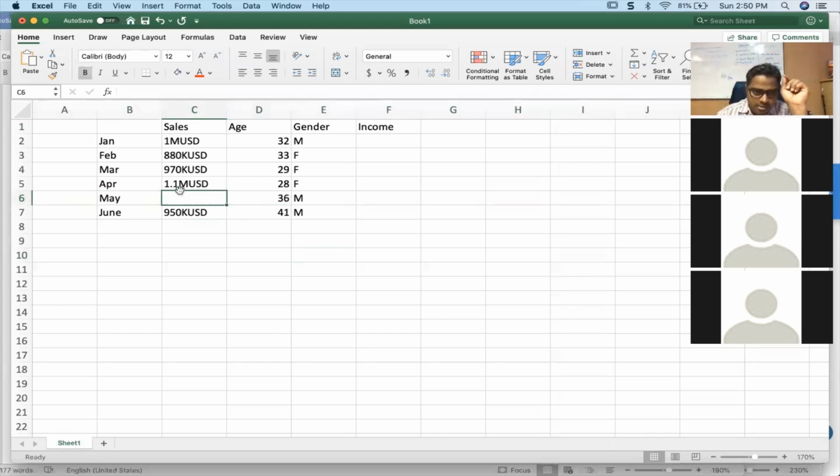That means just because one cell value is missing, you will lose the data which is available. So to ensure that you do not lose it, what do you do?